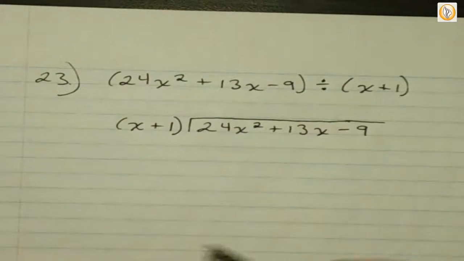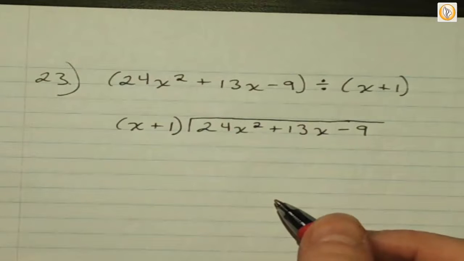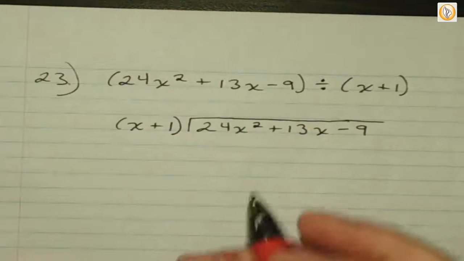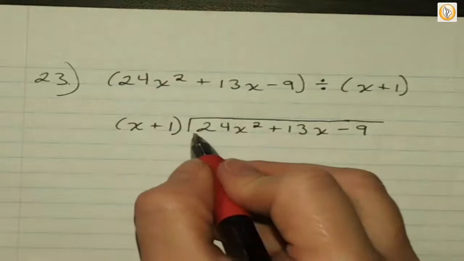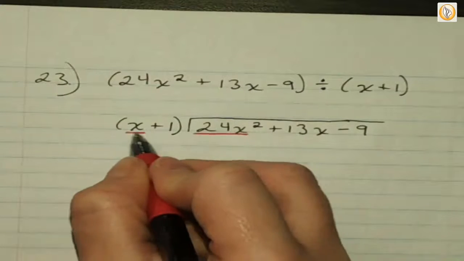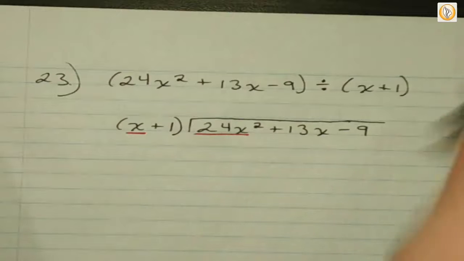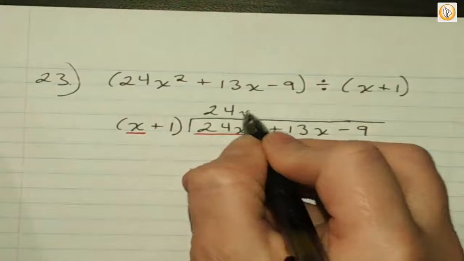Okay, Michael, once you have this written down, tell me what's my first thing to do. Okay, so we're going to divide the first terms of each. That's why I have it underlined. All right, make sure everything I'm doing, you're doing so that you can go back over your notes for help. So, Michael, 24x squared divided by x is what? 24x. Very good.